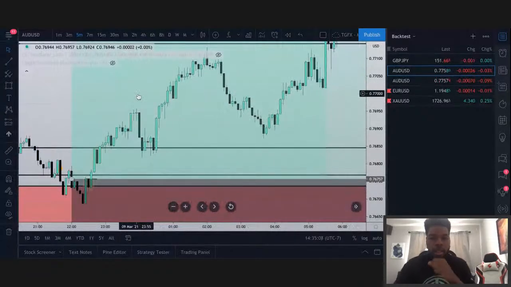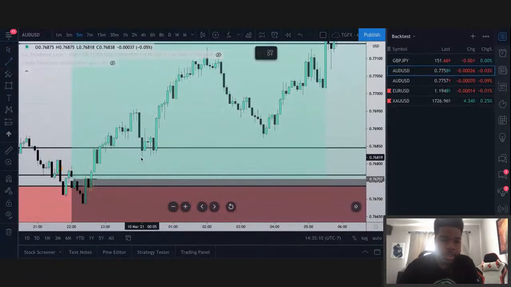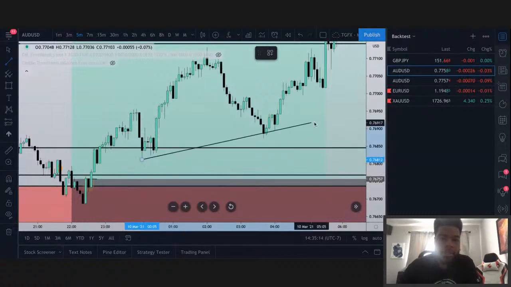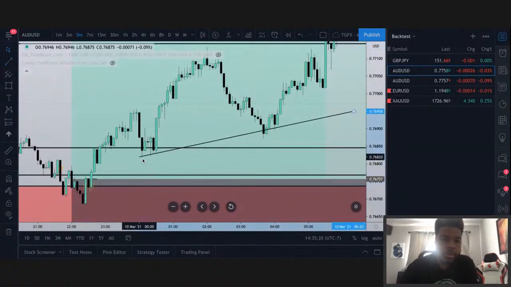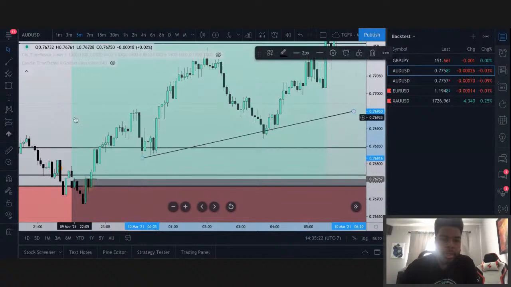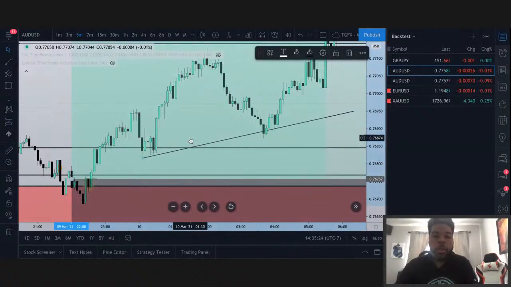Yeah, there was. So how I would have played this is I would have had a trend line off point A and point B here. It would have been drawn something like that. What I've been waiting for is a point C to be made, price to bounce off of this level, right?